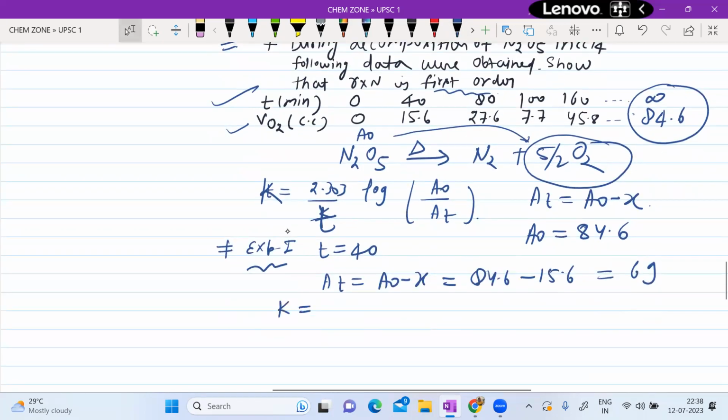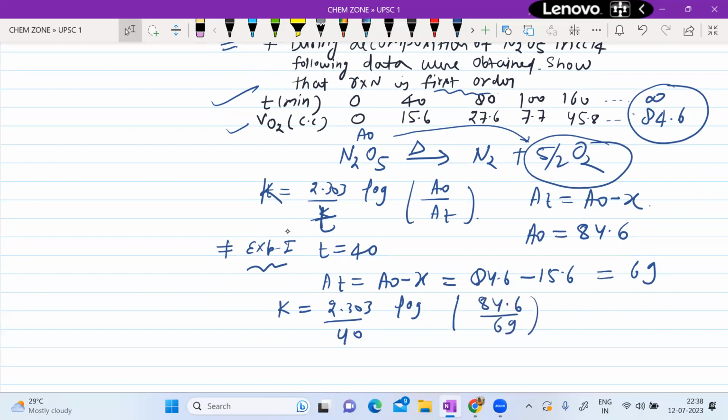From here, you will get the value of k. After calculating, you will get approximately the value of k as 5 into 10 to the power minus 3.